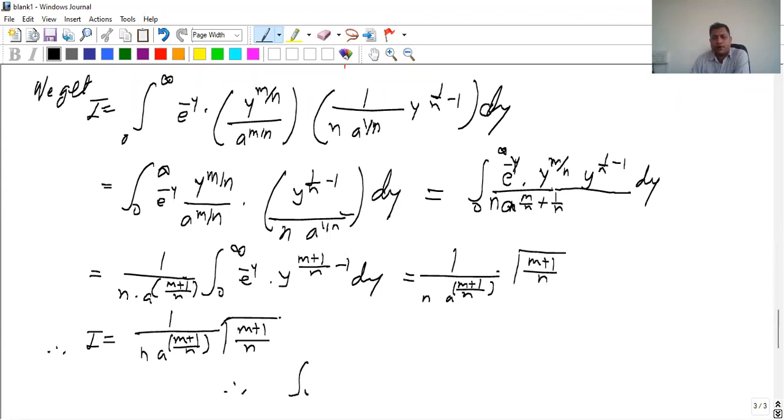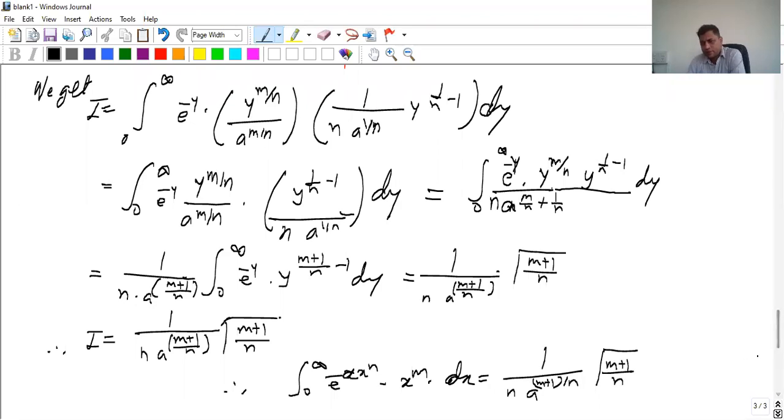So we proved that the integral 0 to infinity e raised to minus a x raised to n into x raised to m dx is now 1 upon n a raised to m plus 1 by n, and this is gamma of m plus 1 by n. Are you getting this one?